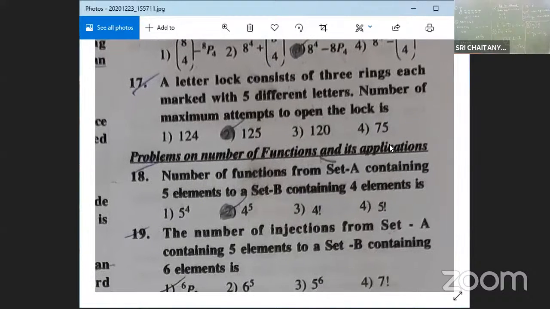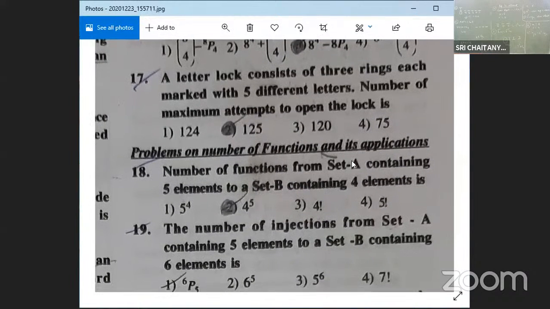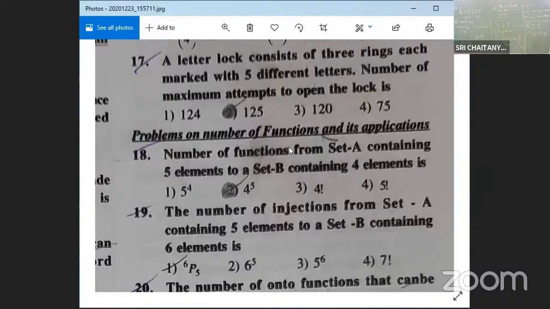Yeah. See that 17th problem on the screen. 17th one. A letter lock consists of 3 rings marked with 5 different letters. Number of maximum attempts to open the lock.